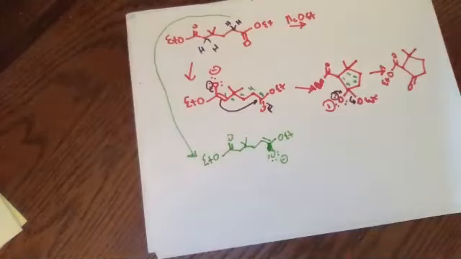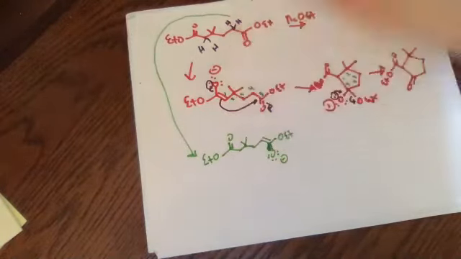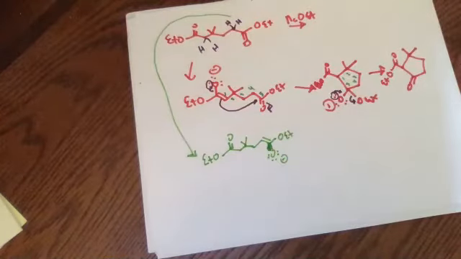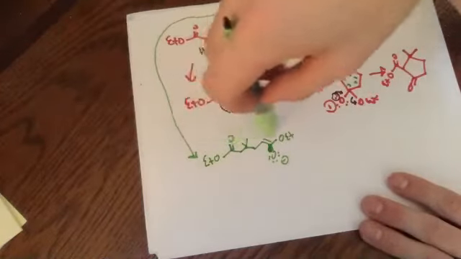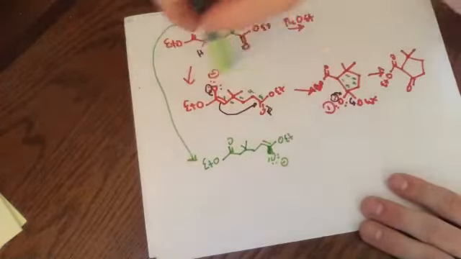Okay, so it should just be a single bond here, double bond there. The easiest way to make this into your product, and it'll let you do exactly what you did before, is to just rotate this clockwise 180 degrees so it lines up with how this was.